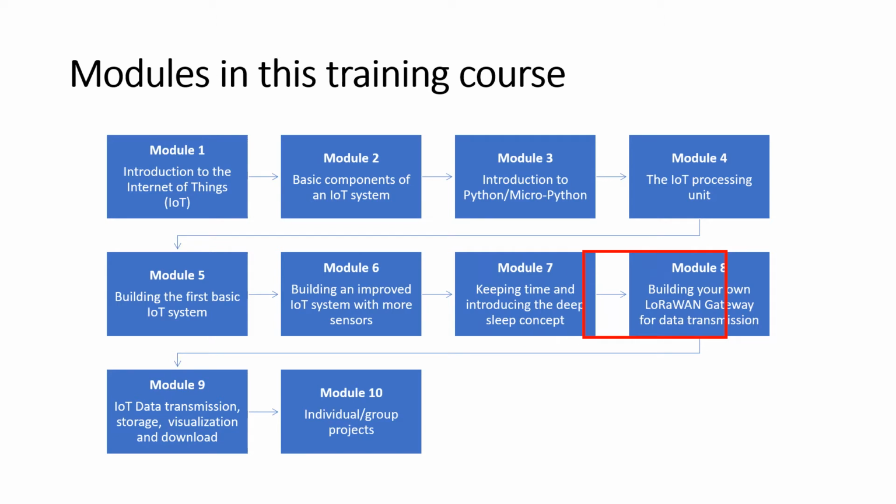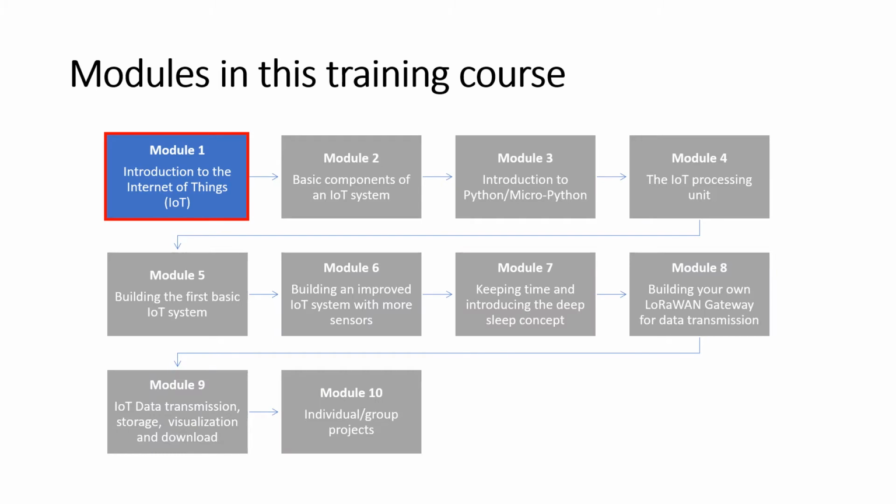In Module 8, we will build our own LoRa gateway system for data transmission. In Module 9, we will then cover IoT data transmission, storage, visualization, and download. In Module 10, you will then work as an individual or in groups to build your own IoT project using the skills you will have gained from Module 1 through to Module 9.